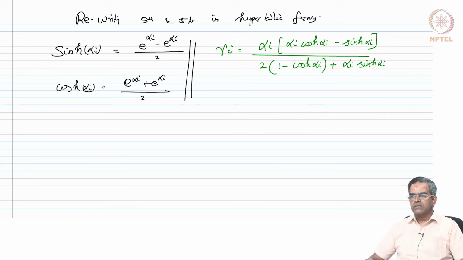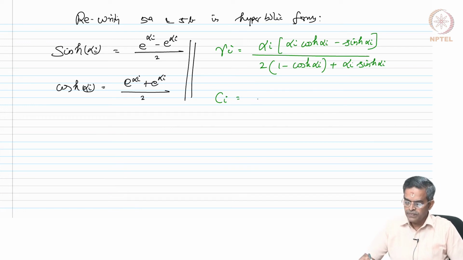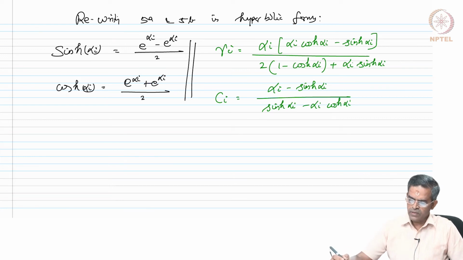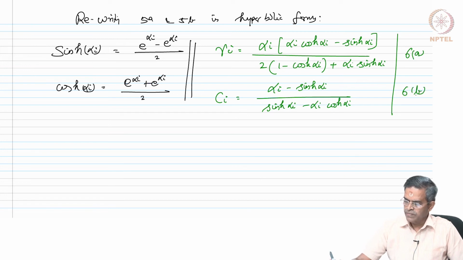You can look at this simplification, and Ci now becomes alpha I minus sin hyperbolic alpha I by sin hyperbolic alpha I minus alpha I cos hyperbolic alpha. So, we call this equation numbers 6a and 6b. These are the expressions of the rotation coefficients in terms of hyperbolic functions.